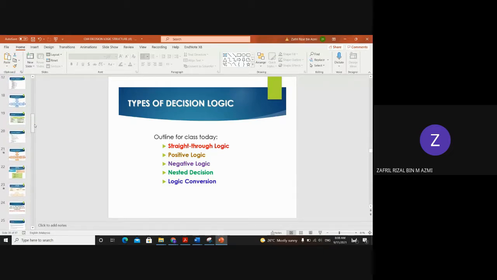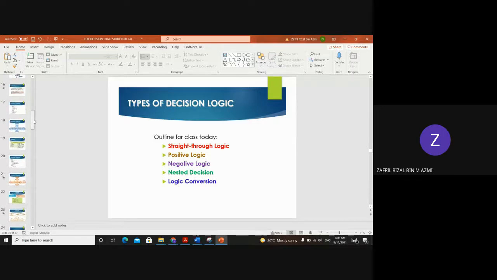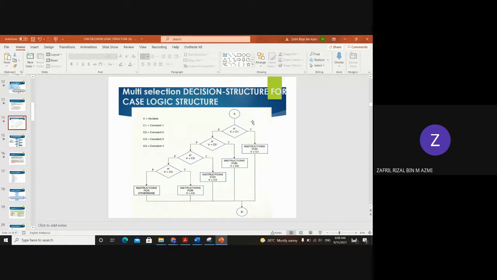Multi-selection for the positive logic structure is in the form of this one. This is the positive logic structure and the most commonly used decision logic structure. If you are working after this and you need to design any algorithm related to decision, most of the time you are going to use this kind of structure.